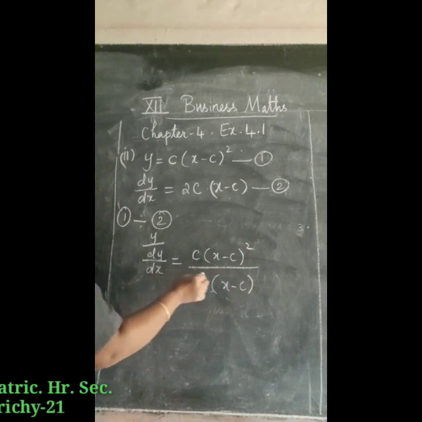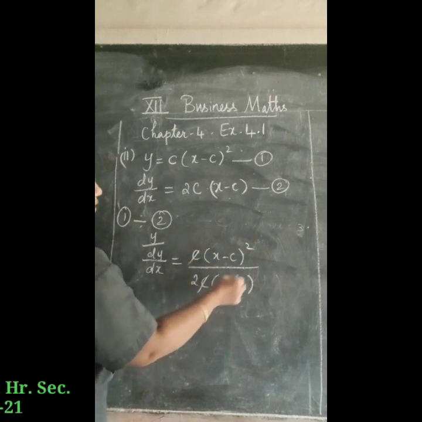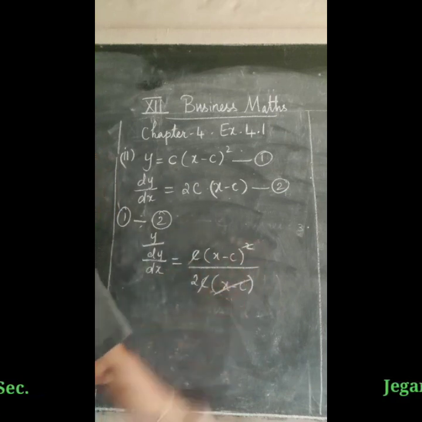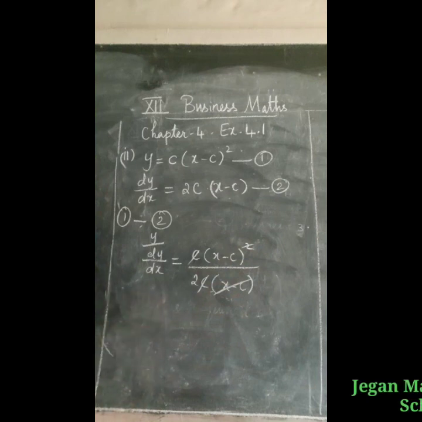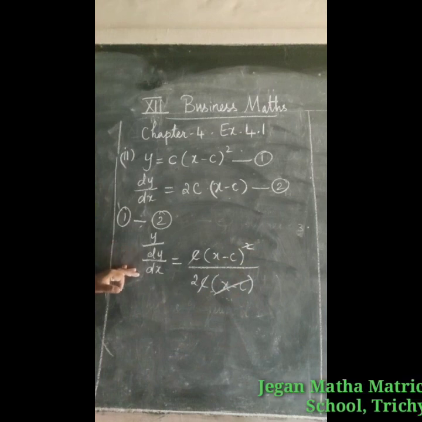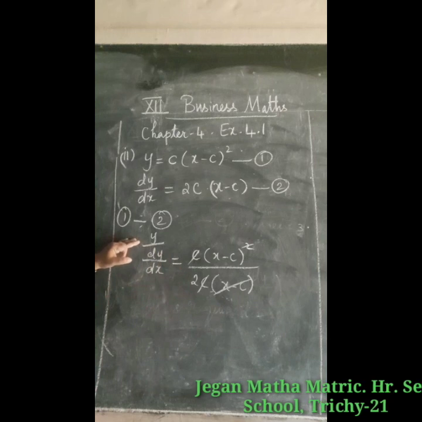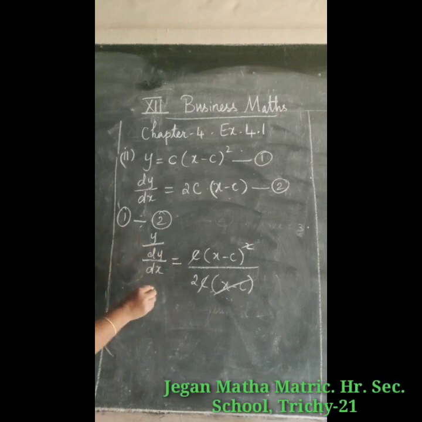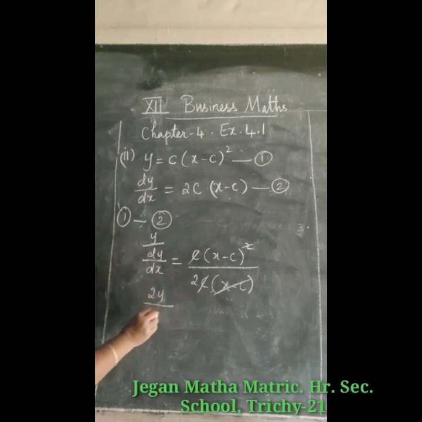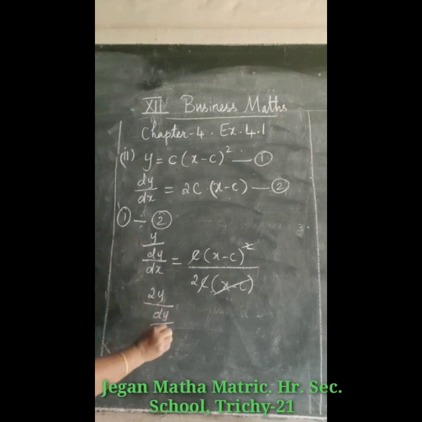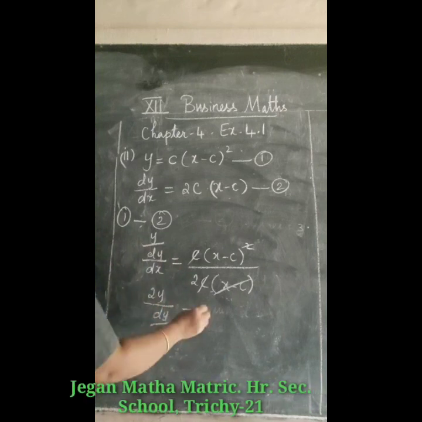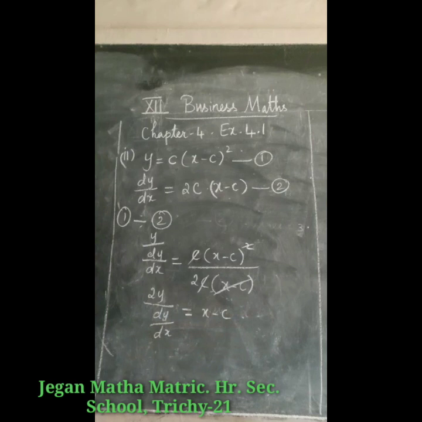Here c cancels and the power is reduced, and what remains is x minus c divided by 2. Moving dy by dx across, we get 2y by dy by dx is equal to x minus c.